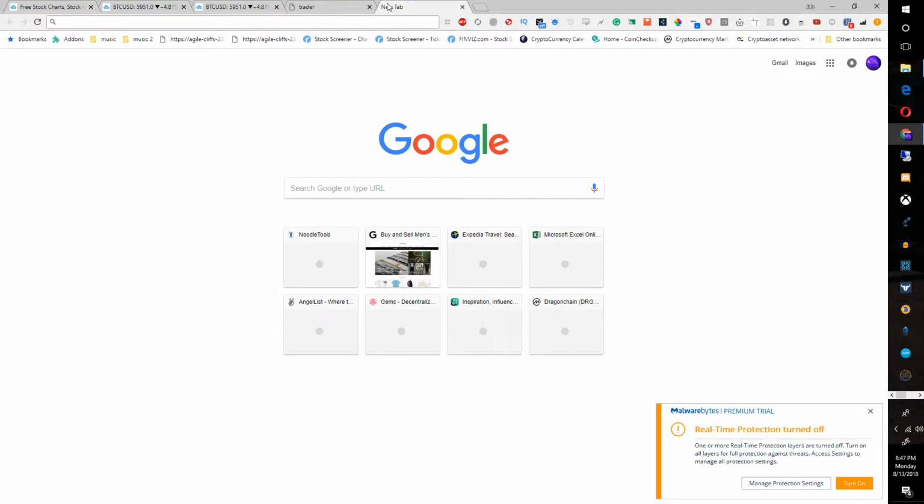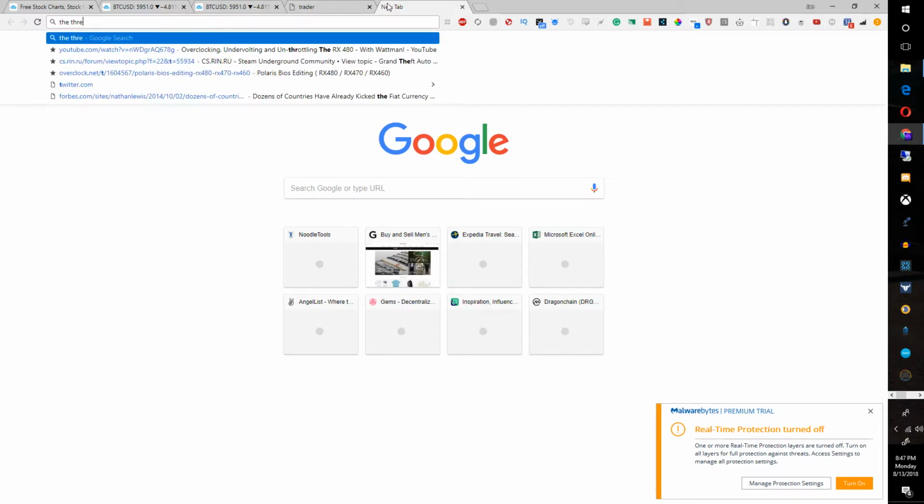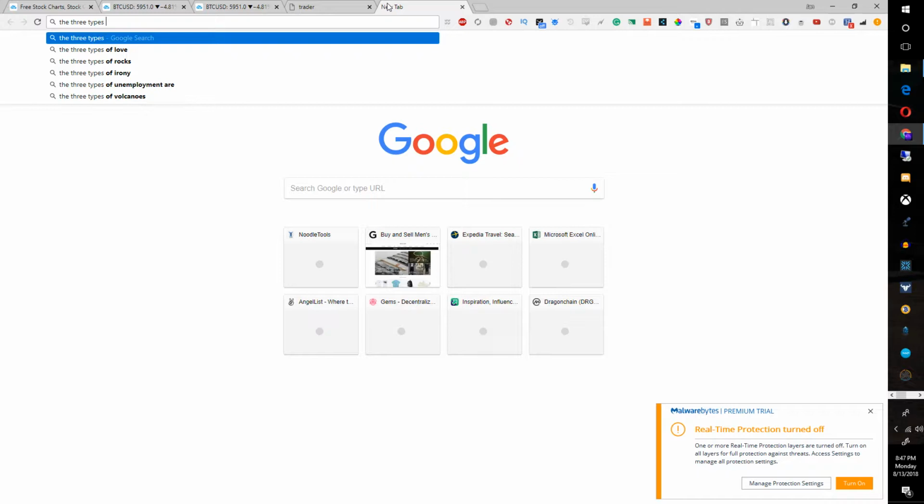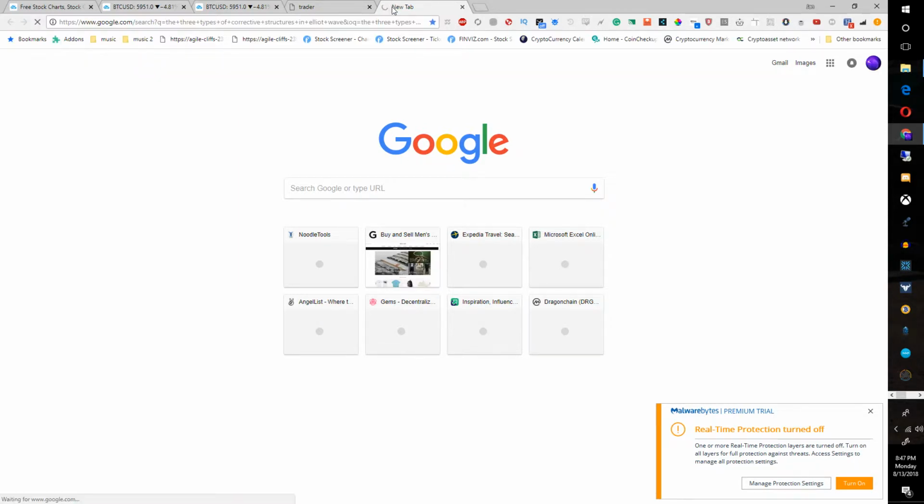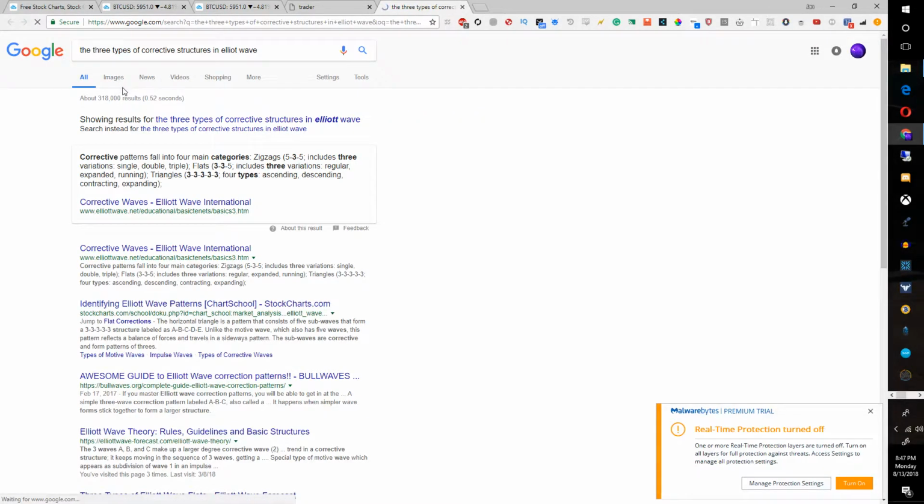Okay, there's 3 types of corrective structures. Sorry if I'm taking a long time, but I'm just trying to get my point across.